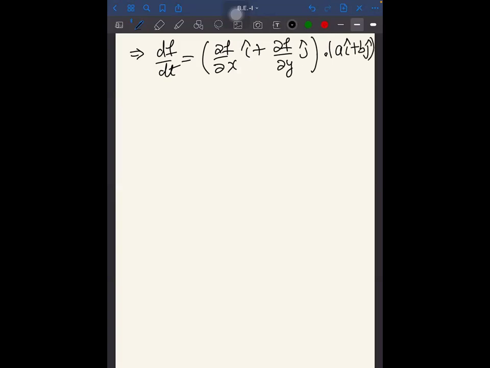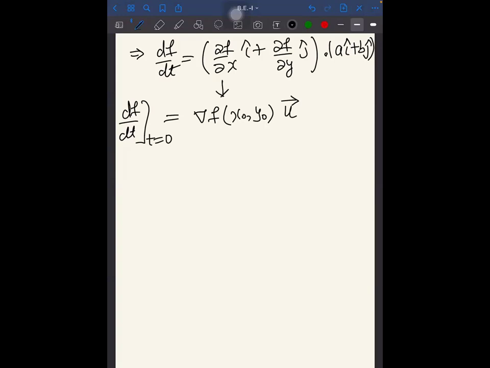So this is something which we call the gradient of the function, which you have probably done in physics as well, at point x naught and y naught. And this is the unit vector in that direction, ai plus bj. That's what we have supposed.